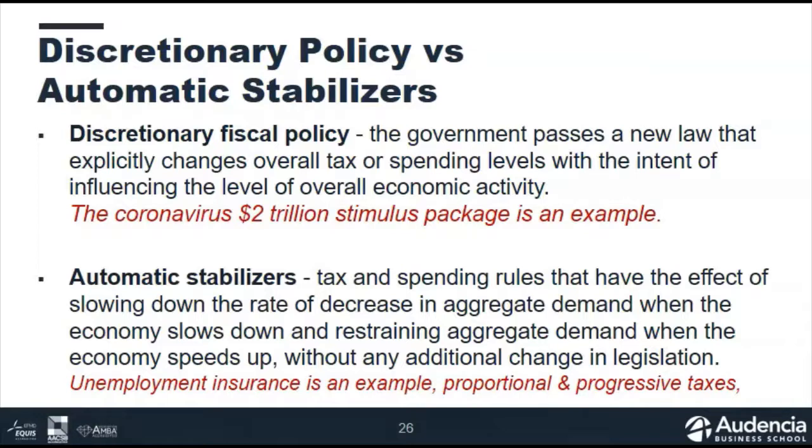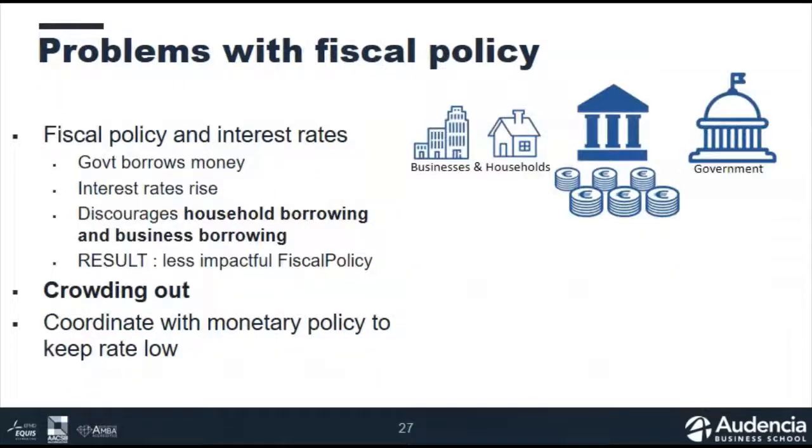These are automatic stabilizers. If people are making too much money and spending too much, we can expect that they're going to pay more taxes, and this will lower consumption, and vice versa. If incomes go down, people pay less taxes, allowing them to have a little bit more disposable income to drive consumption. So we have two types of fiscal policy: discretionary and automatic fiscal policy.